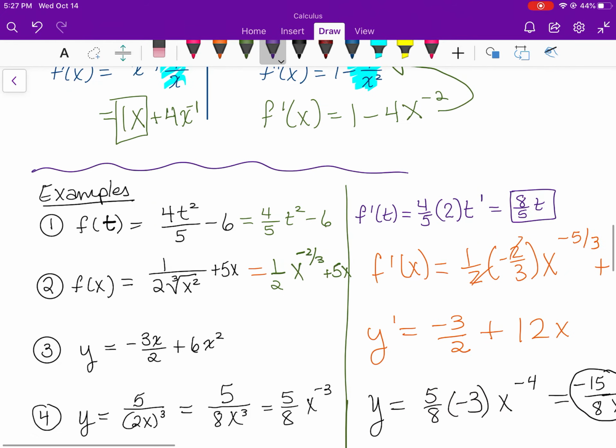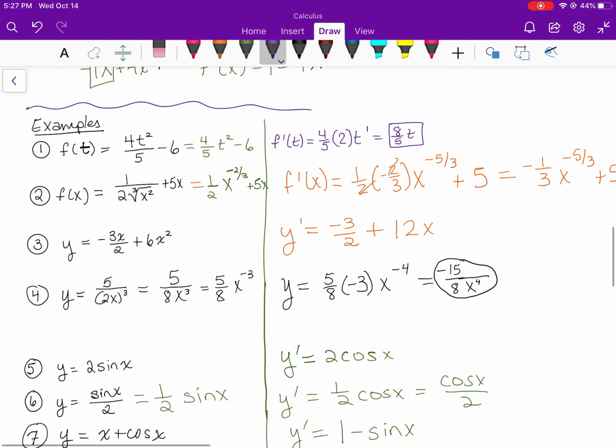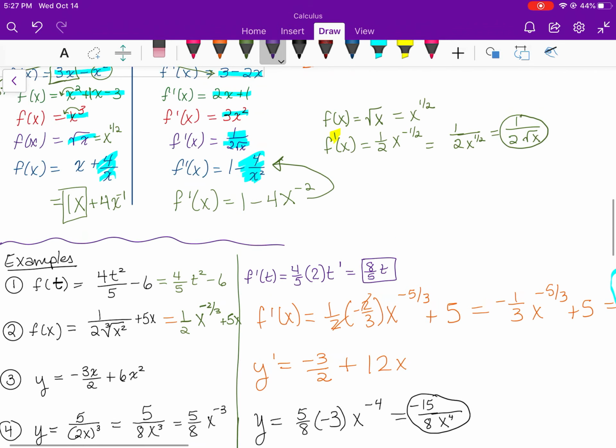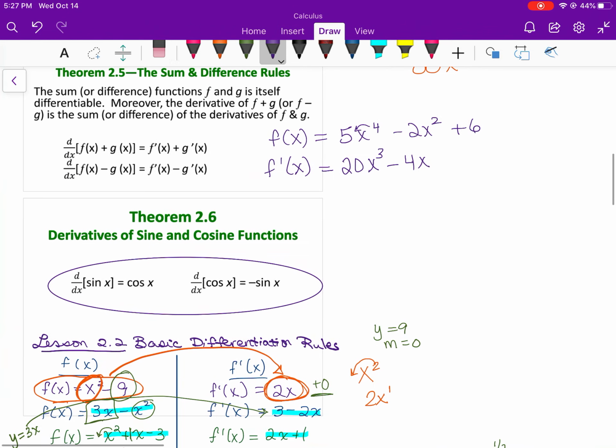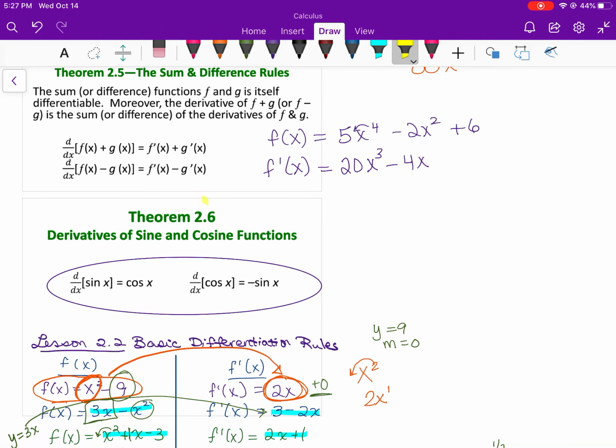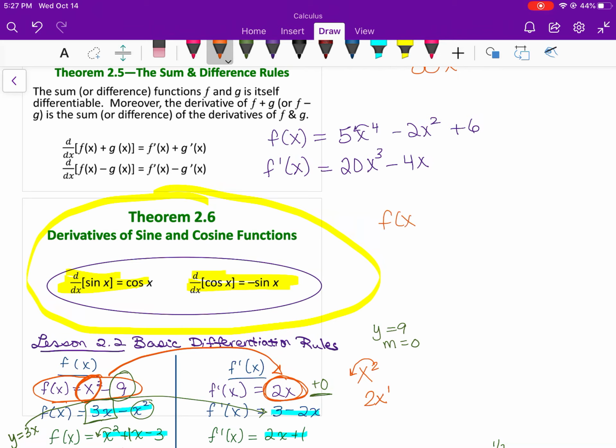All right, these are the examples we did in class. There's a few. Oh, I should back up. Right here, you have theorem 2.6. So these two derivatives for your trig functions have to be memorized. So you have to know that when f of x equals sine x, f prime of x is cosine x.